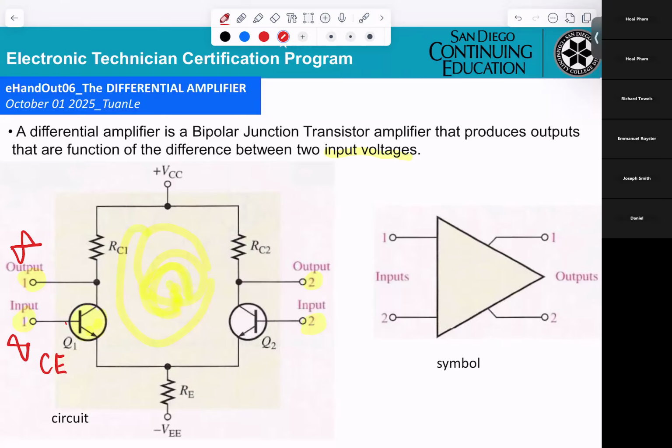In order to know amplifier CE, CC, or CB, you have to go over those amplifiers. Now, when you get the input signal going in here, and at the meter you also get the signal.